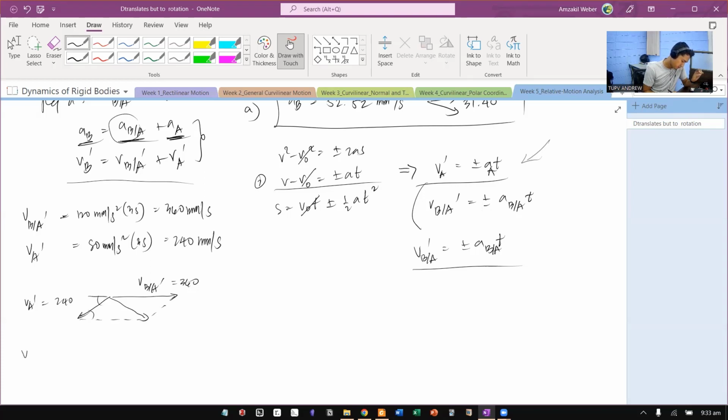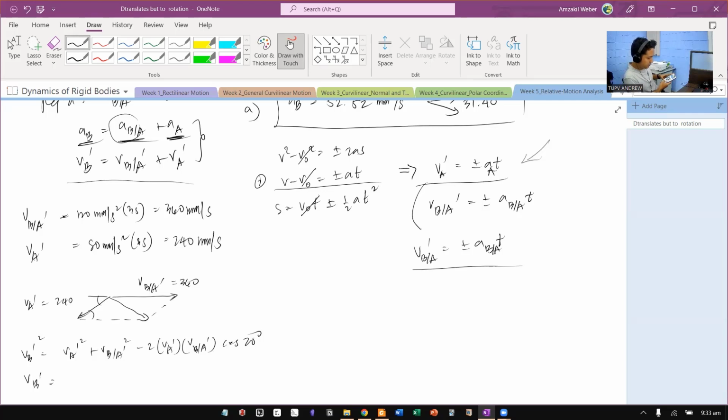So the resultant VB prime is VA prime squared plus VB/A squared minus 2 VA prime VB/A cos 20.